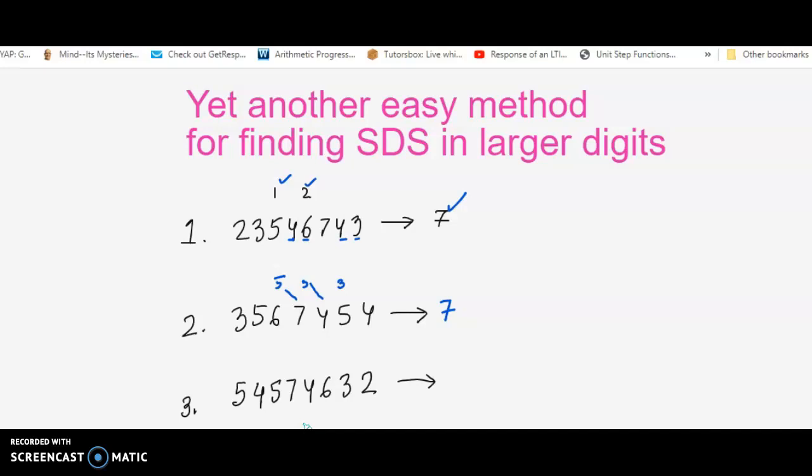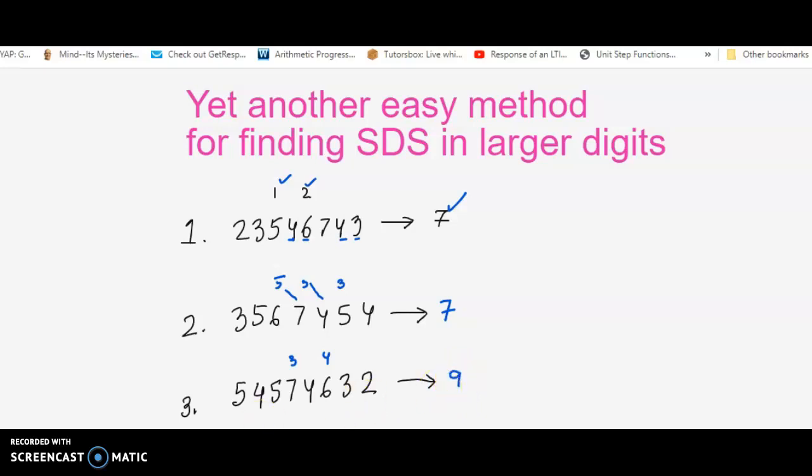So you get 3 here. So 3 plus 4 is 7, and 7 plus 6 is 13, and 13 minus 9 is 4. Again 4 plus 3 is 7, and 2 makes 9. So your SDS is 9.